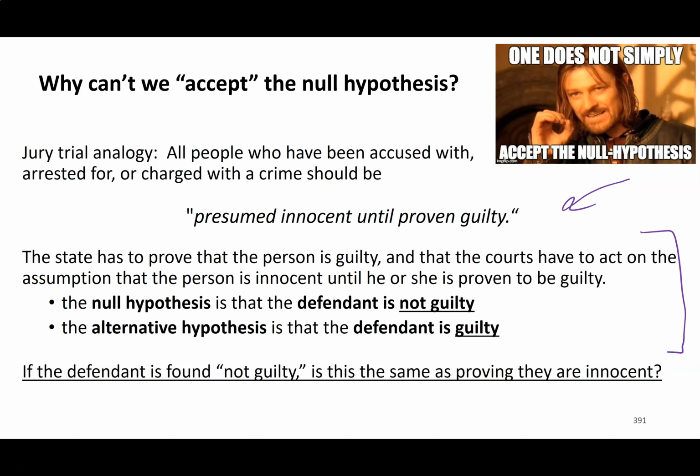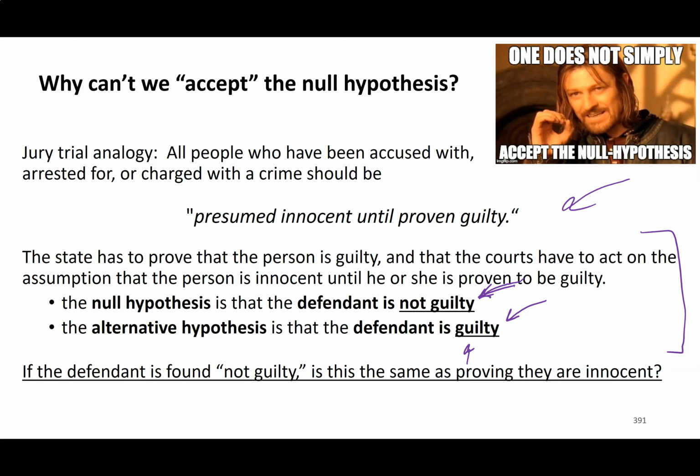So we start with the null hypothesis that the defendant is not guilty, and the alternative is that they are guilty. What that means is if you get enough evidence, you'll reject the null, so you'll reject the phrase that they're not guilty, and you'll conclude that they are guilty. But if you don't have enough evidence, you're just going to say, I don't have evidence that they're guilty.